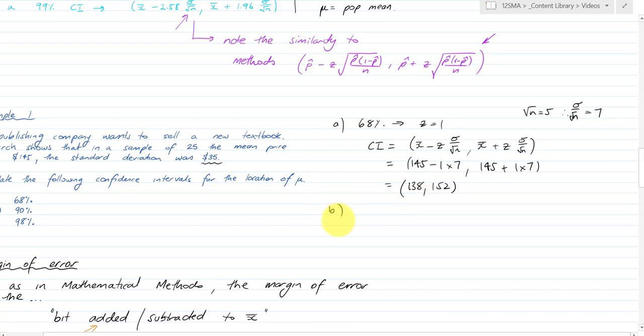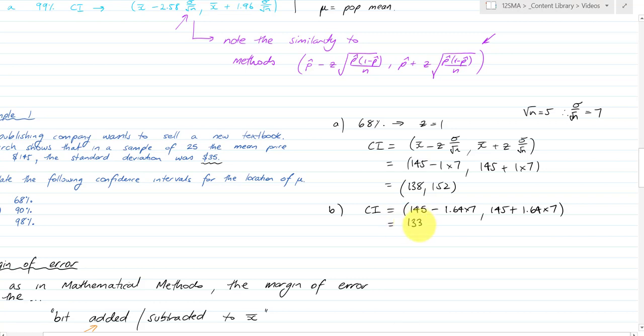B is for a 90% confidence interval. Now we know our 90% data, and that is that our confidence interval will be equal to, I'll go straight to the numbers, 145 minus 1.64 times 7, to 145 plus 1.64 times 7, and so we can do that calculation now. So I've just done 1.64 times 7, and now I'm doing 145 minus my answer, because then it's easy to change the next bit.